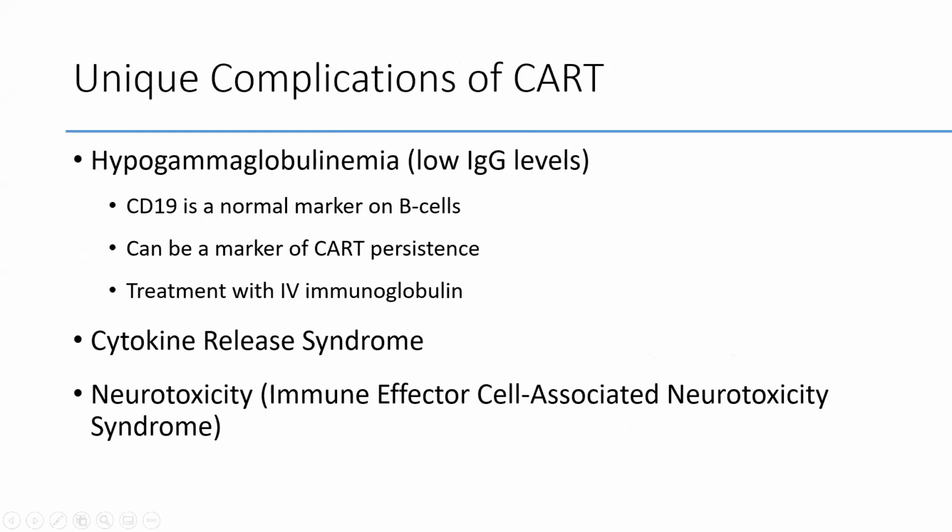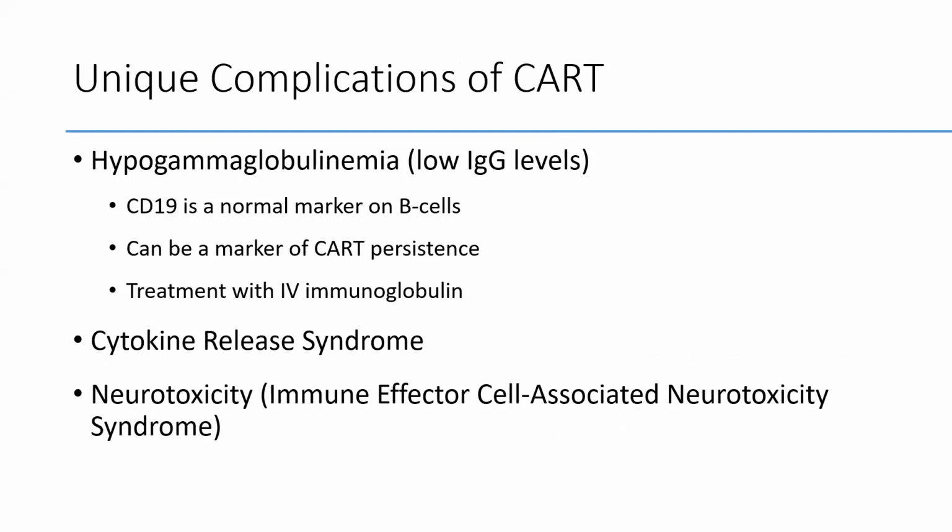So, unique complications of CAR T. One is low IgG levels, because CD19 is a normal marker on B cells and can be a marker of CAR T persistence.